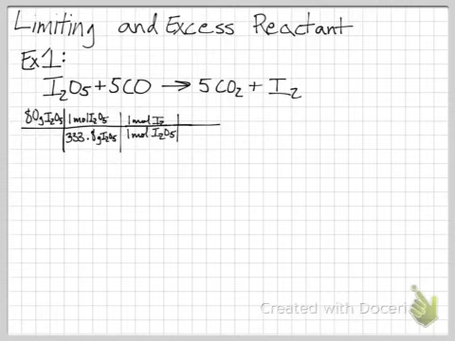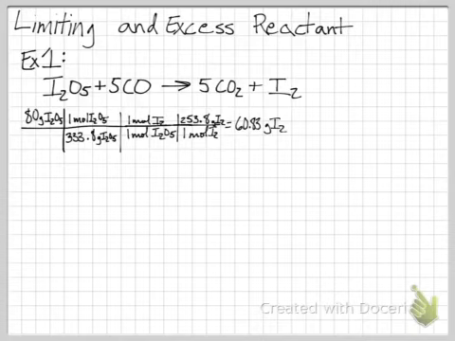Now I'm in moles of I2, so I need to go from moles of I2 into grams of I2. I'll do that by multiplying by the molar mass, after figuring how many grams are in 1 mole of I2. Once I've done this, I multiply what's on top, divide by the bottom, and I come out with an answer of approximately 60.83.